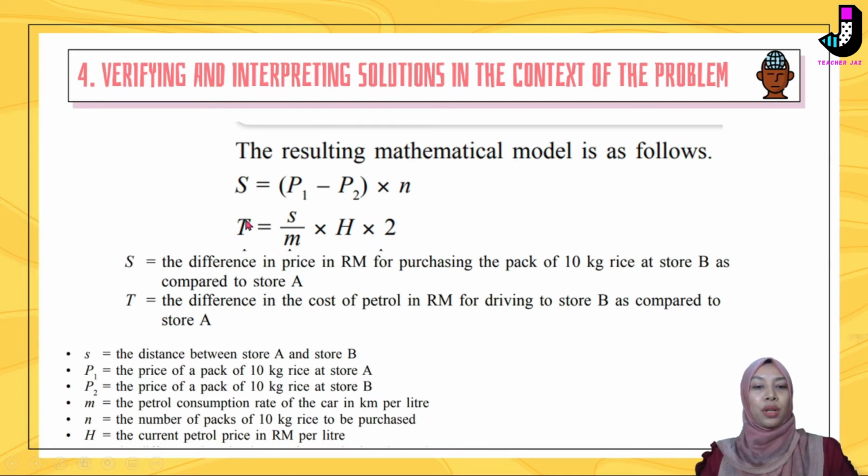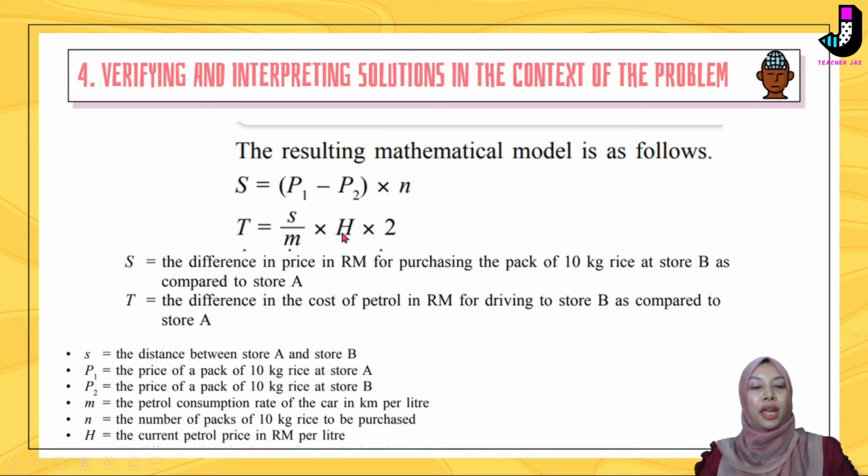So T is the difference in the cost of petrol in RM for driving to store B as compared to store A. So macam tadi dah buat juga, it will be S over M. S is the distance between store A and store B. Okay, tadi dah buat, distance tadi 7. Okay, 7 over M. M is the petrol consumption rate of the car in kilometer per litre. Tadi pun dah buat, okay.